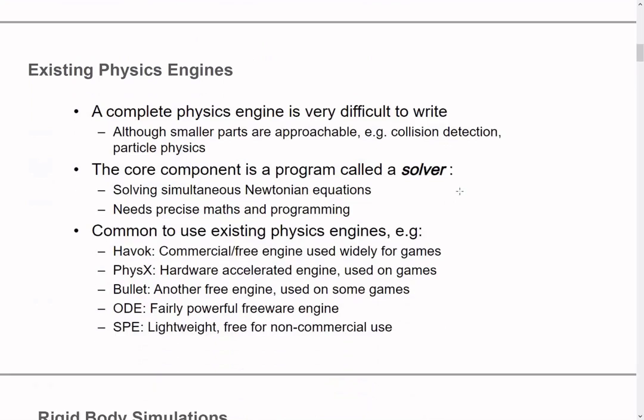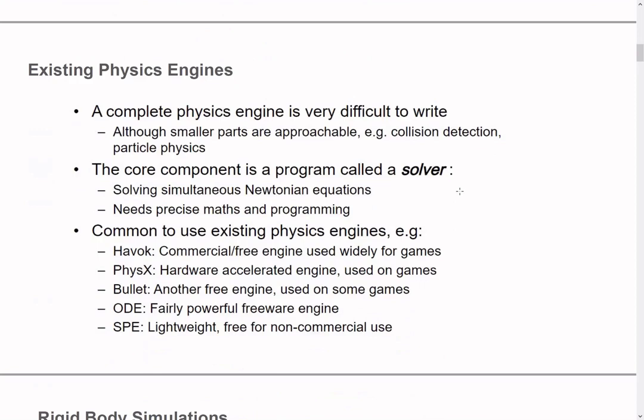So when we talk about existing physics engines, it's quite difficult to implement a fully complete physics engine from scratch. I mean, we can do smaller parts such as collision detection, etc. But developing the complete engine is a complex task.